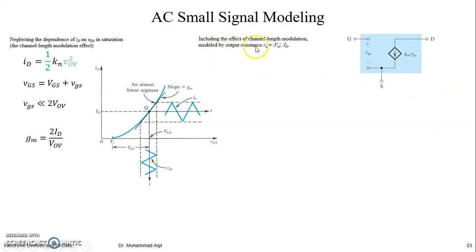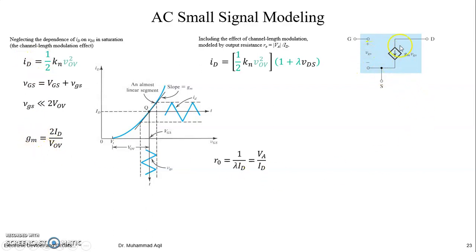Now if we include the channel length modulation effect, we can derive this whole thing again with that formula, or we can still use this model but just add R naught, as we did previously. But how to introduce R naught? The book provides a way to start from here and find it. But as I told you in BJTs, you can initially find the ID neglecting the early effect, do everything, find GM and everything.